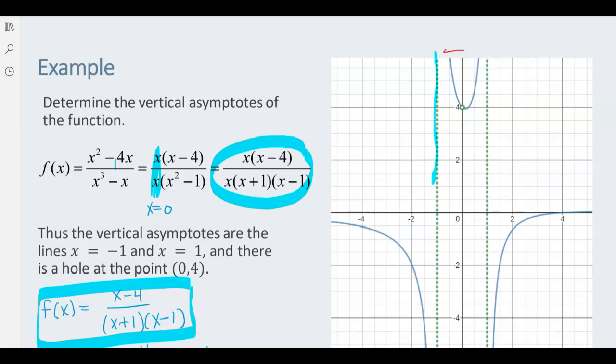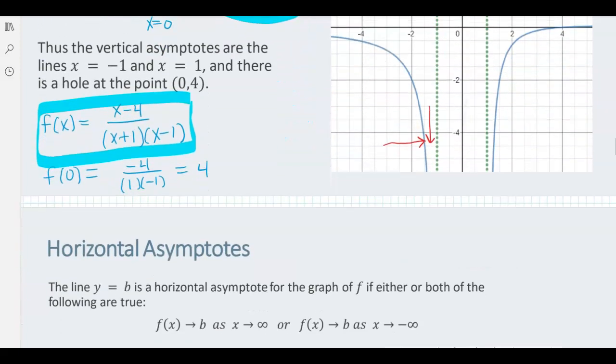As I approach the asymptote from the right-hand side, it looks like the y values are going up to positive infinity. But as I approach the asymptote from the left-hand side, the y values are going down towards negative infinity. We'll talk about in some examples of graphing how we determine what direction the graph is moving.